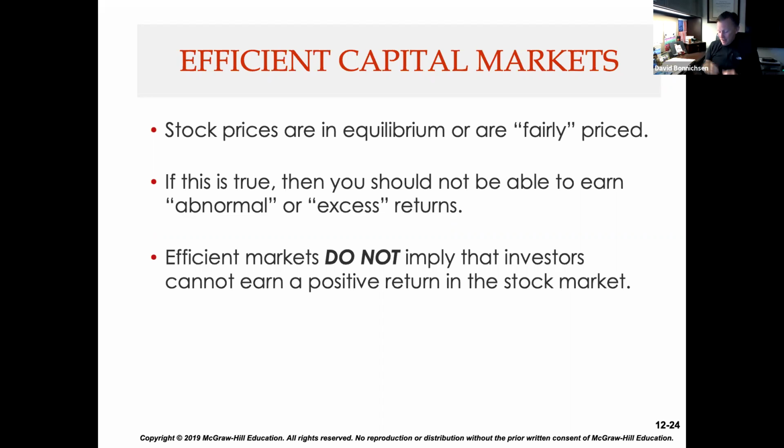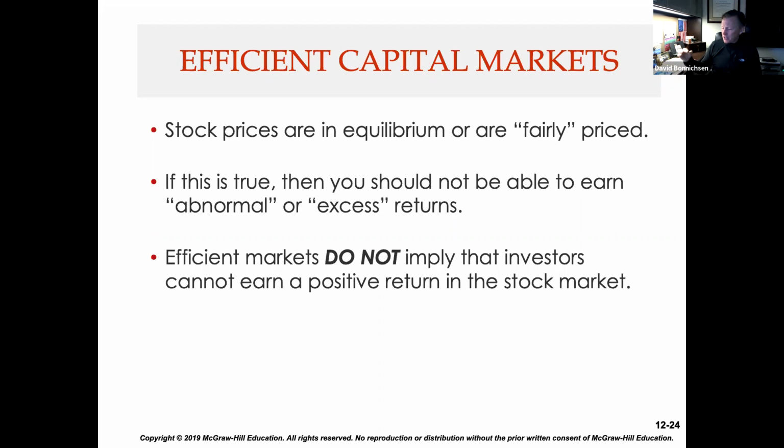And if the markets are efficient and if the stock prices are representative of being fairly priced, then the second bullet says that it's not reasonable for you to expect abnormal or excess returns.